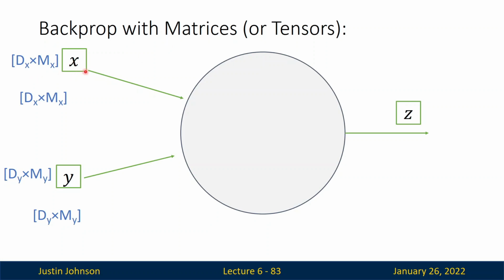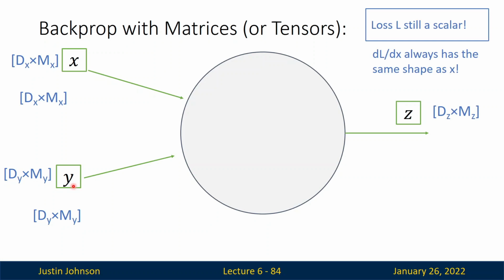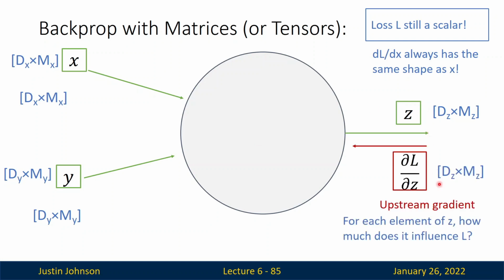Say X is a matrix of dimension dx by mx, and Y is dy by ny. The same, the final output is a loss, a scalar. But the dz here is a matrix already.